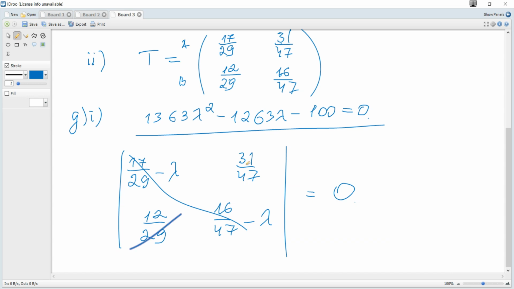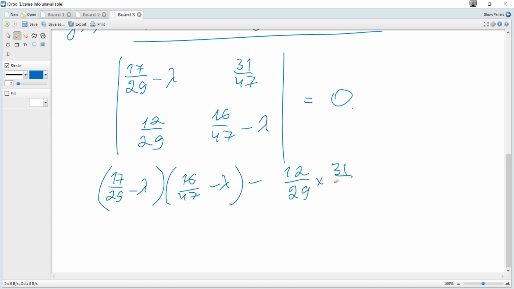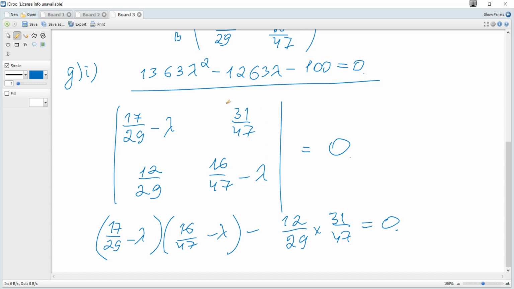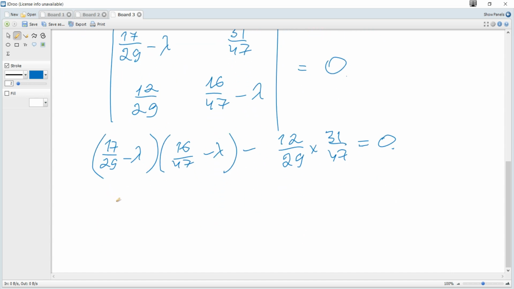It's this product minus this product, so it becomes 17/29 minus lambda multiplied by 16 over 47 minus lambda minus this product, and it should be 0, and we need to expand it and simplify, and we should get this result. So let's expand it firstly.